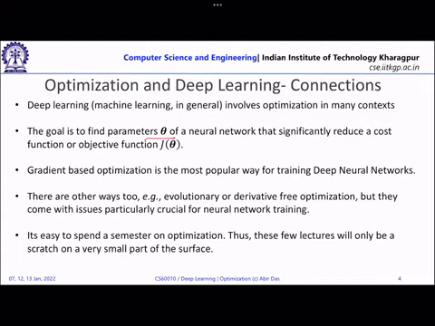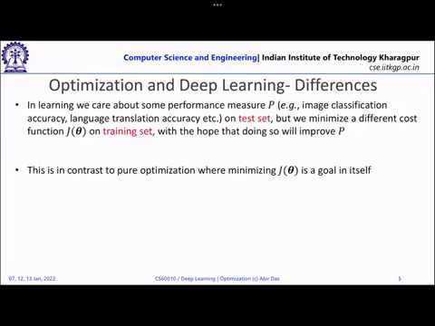If it's a minimization, then it is cost or risk. They are used interchangeably. And in deep learning, or rather machine learning, we try to find a set of parameters that significantly reduce a cost function or objective function J(theta). So this is, on a high level, the connection between optimization and deep learning.